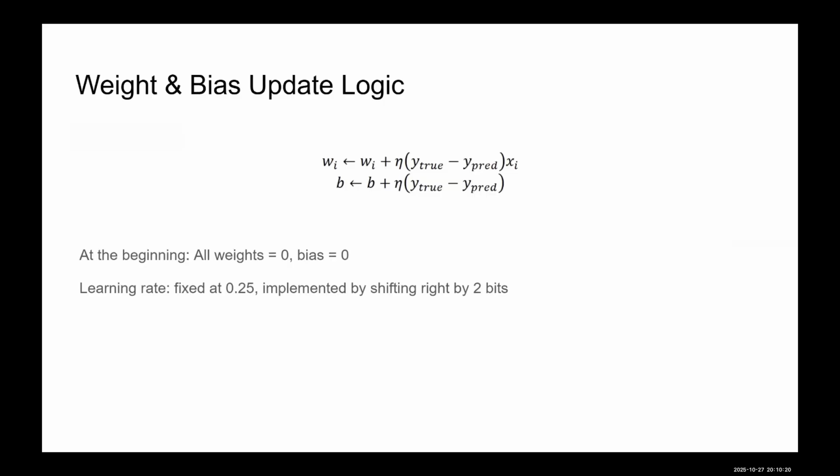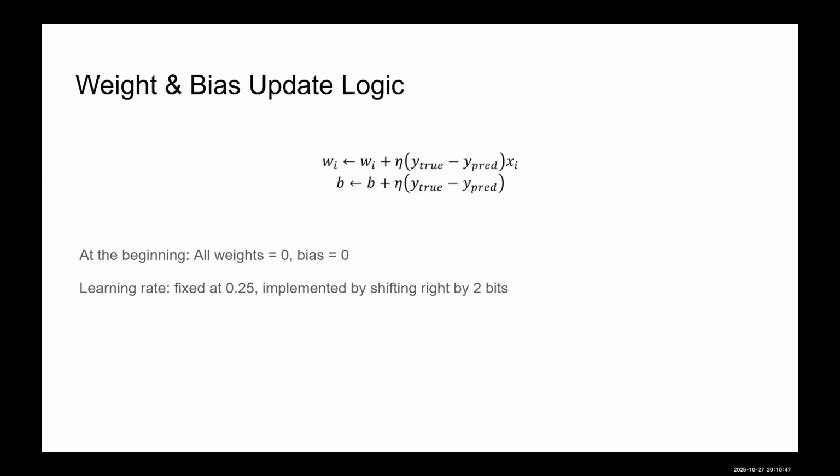All right, so as for weights and bias update logic, at the beginning of training, all four weights and our bias were initialized to 0. The perceptron then updates these values using the standard learning rule given, which is W gets updated by our old W plus the learning rate multiplied by the Y true minus Y predicted, multiplied by x.